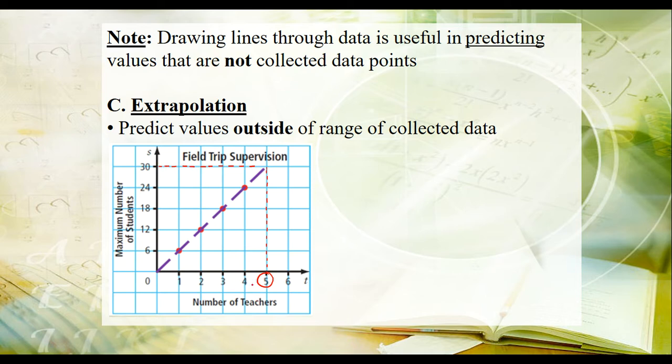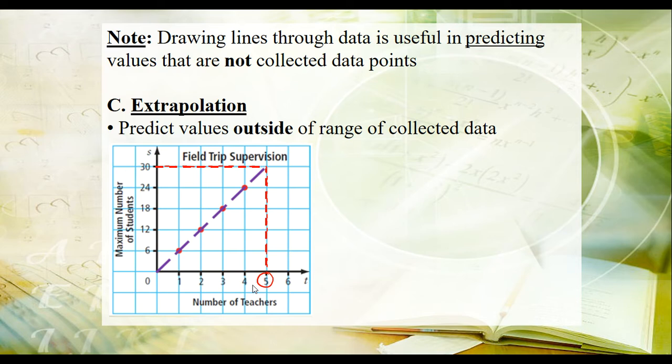So if you had 5 teachers, I could use the line to predict how many students would be allowed on that field trip. I draw a vertical dashed line up to the line I've drawn through my data points, and a horizontal line over to the y-axis, and it tells you that 30 students would be allowed.